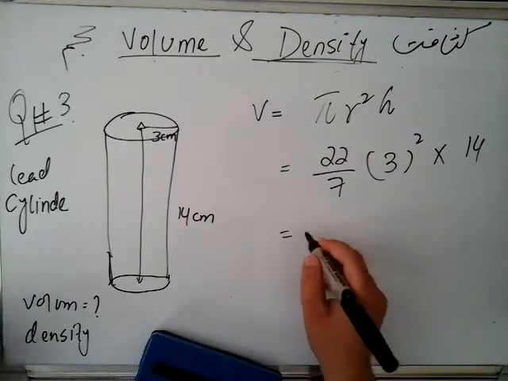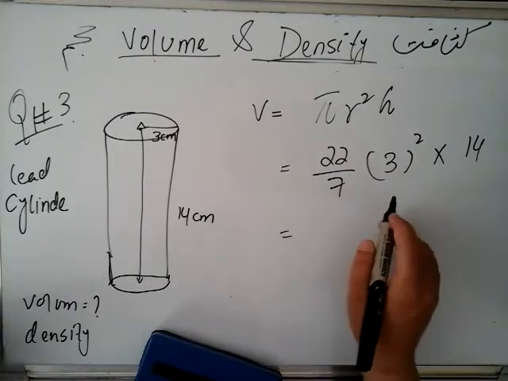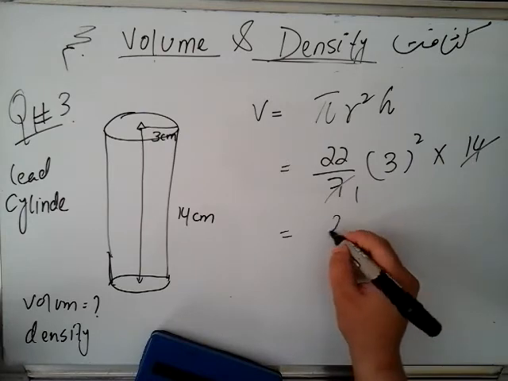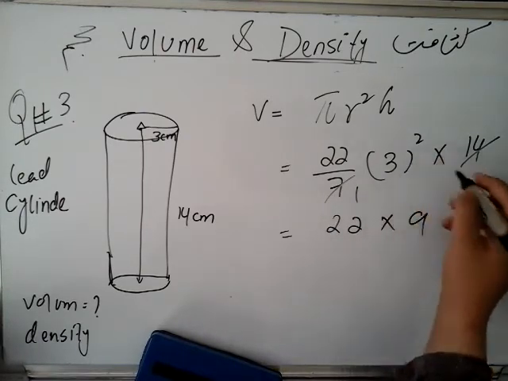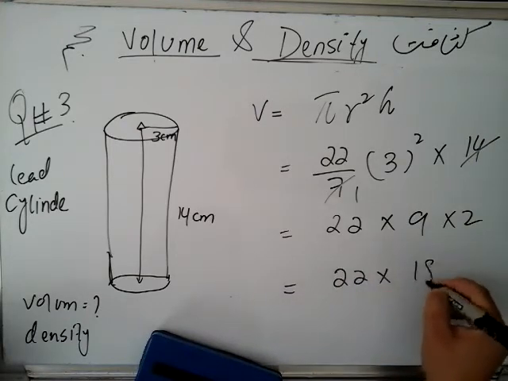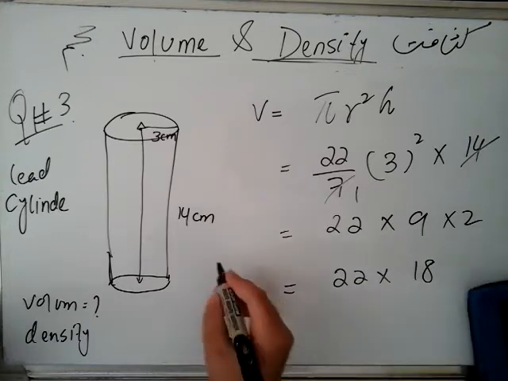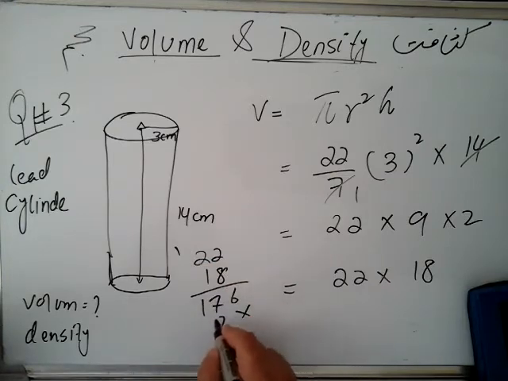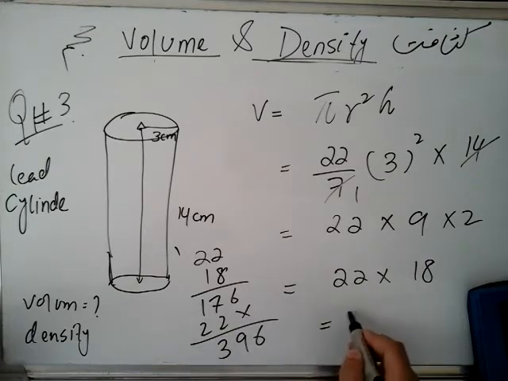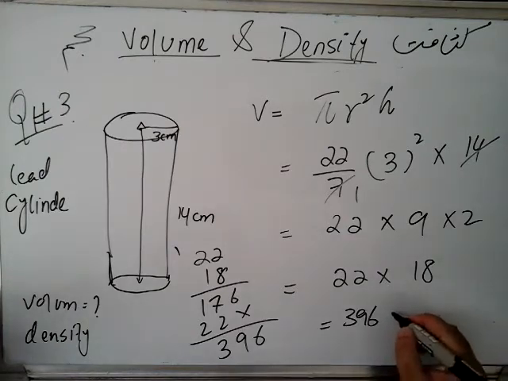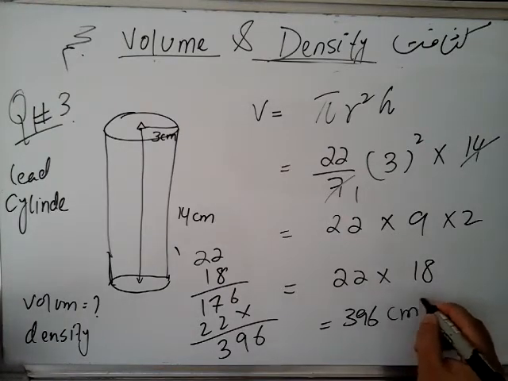Okay, if we do cross multiplication, what will we get? 22 multiplied by 18. So if we do cross multiplication of these two values, we will get 396 centimeter cube. This is the volume.